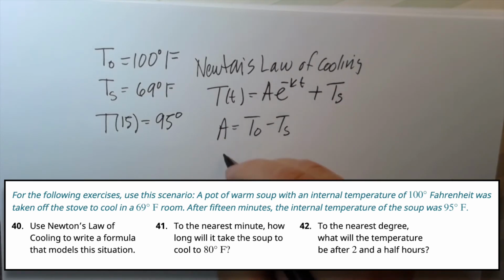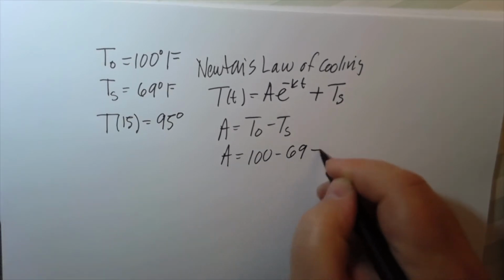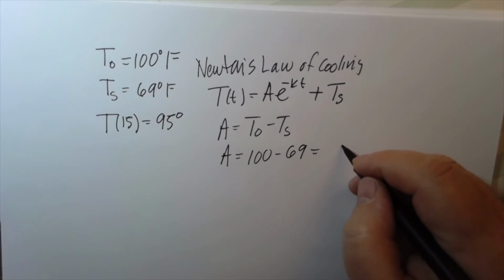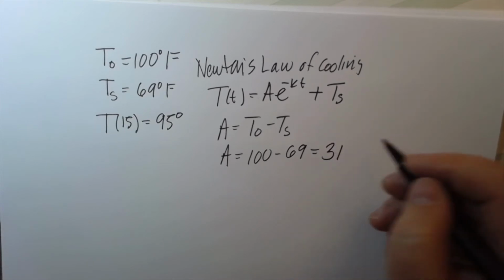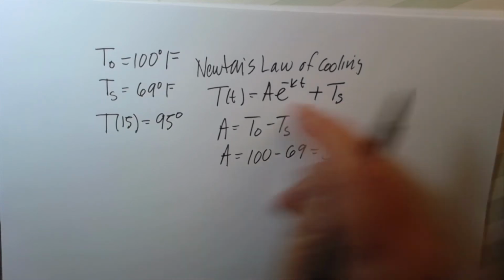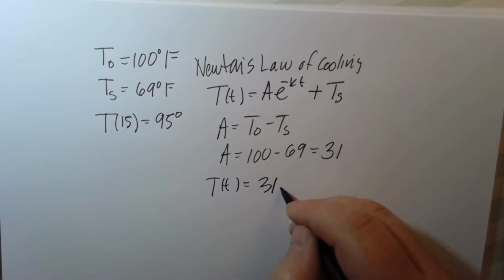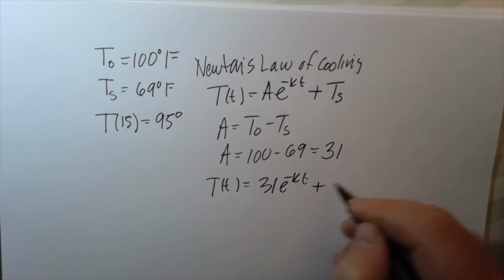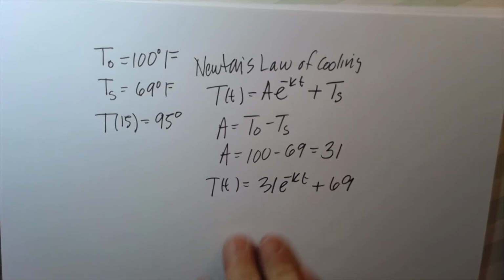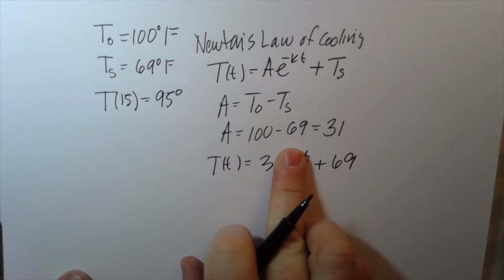So A we could calculate right away. That's 100 minus 69, so that would be 31 degrees. And then Ts, of course, is given. So I have T of t is equal to 31 e to the minus kt plus 69. So at time 0, this is a 1 and adds up to 100.